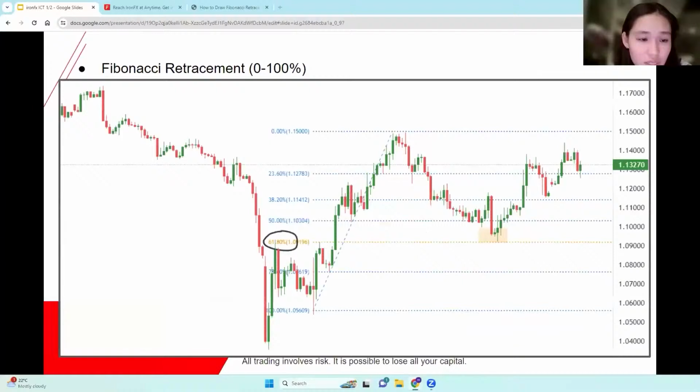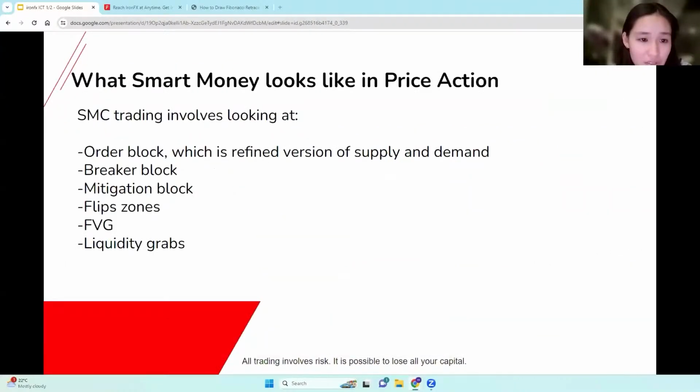Okay, so now let's look at what smart money looks like in price action. SMC trading involves looking at order blocks, which are a refined version of supply and demand of an asset, and then your breaker blocks or mitigation blocks.